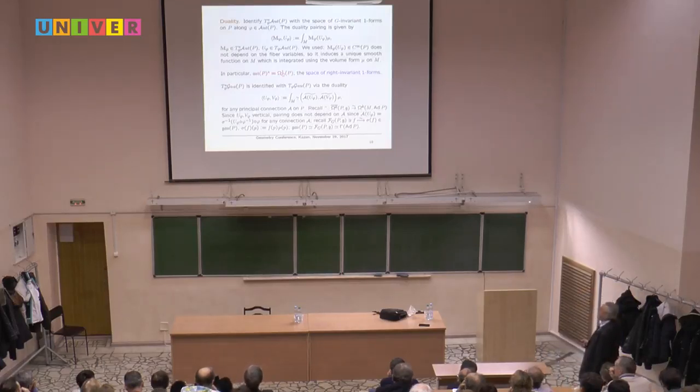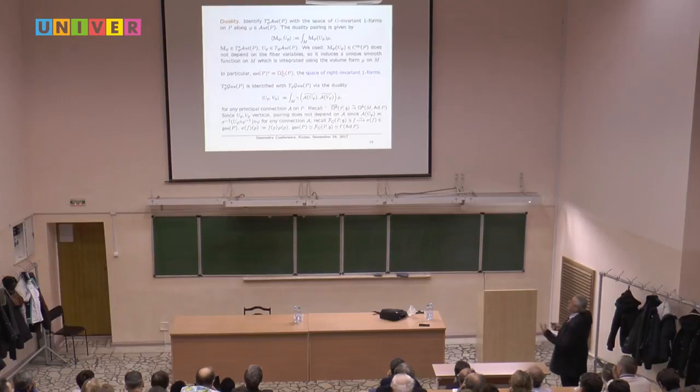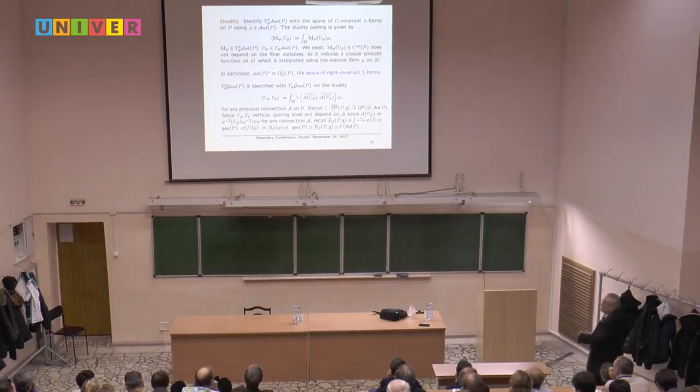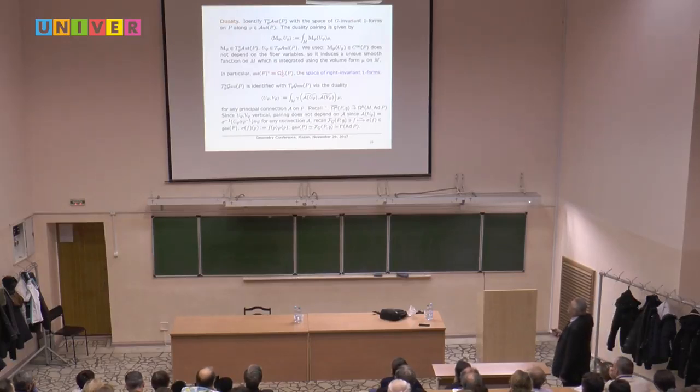Now, when I do it for the gauge group, it's a bit more complicated. So here is what I do. I have to give you two vectors and I have to tell you what the metric is. So clearly I'm going to integrate something relative to the volume and I'm going to use this gamma. But how do I do it? I take just any principal connection out of my pocket and then I recall the isomorphism between the horizontal equivariant one forms and the adjoint bundle k-forms.